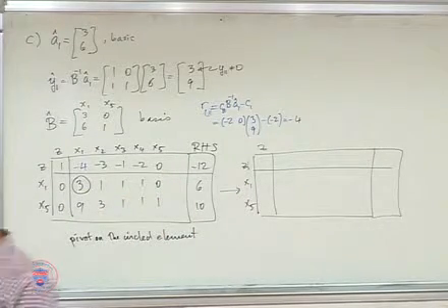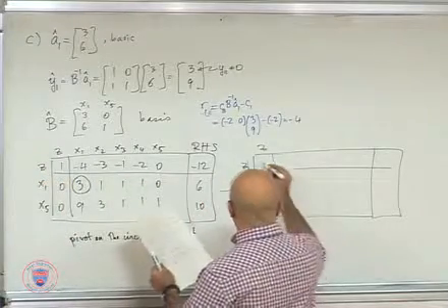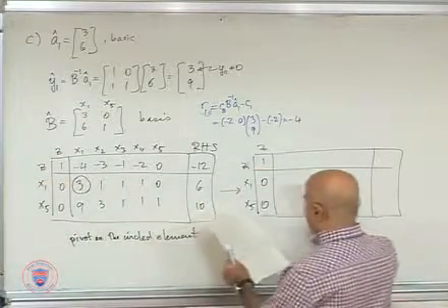Let me just copy from my notes. At the end of pivoting, we get 1, 0, 0, 0, 1, 0.